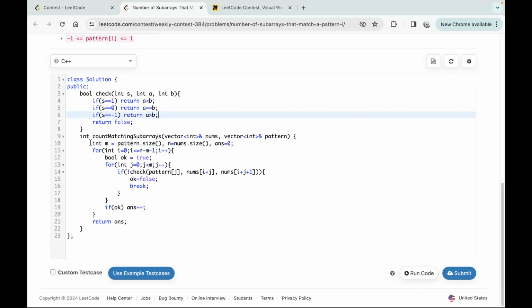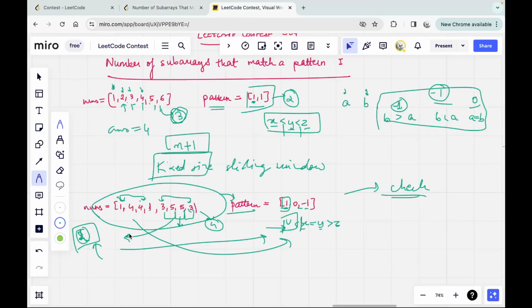Then we'll take the sizes and an answer to count the number of subarrays that follow the pattern. And then we are simply iterating in the nums array up to n minus m minus 1 index, okay? Then I take a bool ok equal to true. Why? Because as you saw when we were considering the second subarray, there was a point where this became false.